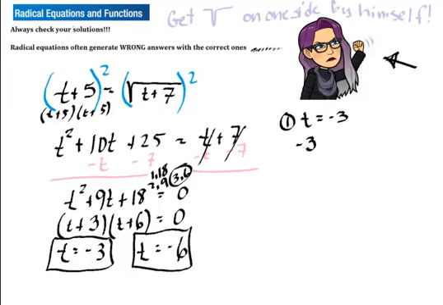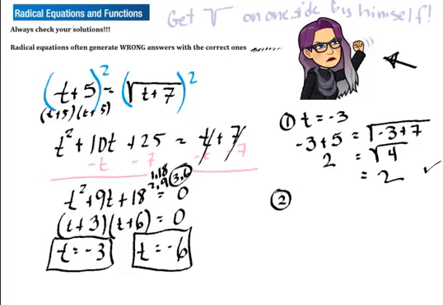Minus 3 plus 5 equals 2. Let's see what this is. Minus 3 plus 7 equals square root of 4, which is 2. That one checks. Cool. Maybe they'll both work.